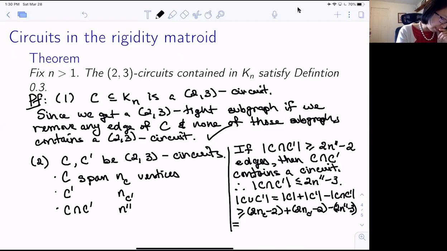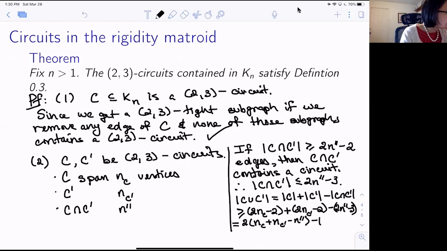And I'm going to collect all my n's together. And so what I have is 2 times nC plus nC prime minus the number of vertices in the intersection of the two graphs. And now if I look carefully, I have two minus 2's, which is a minus 4, plus 3, which is minus 1.